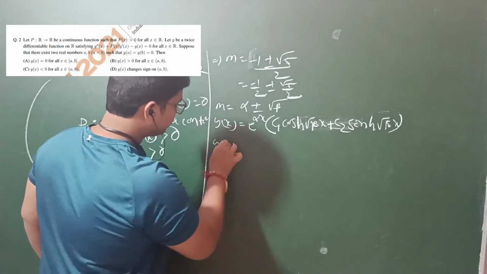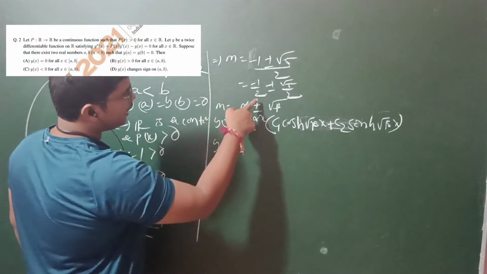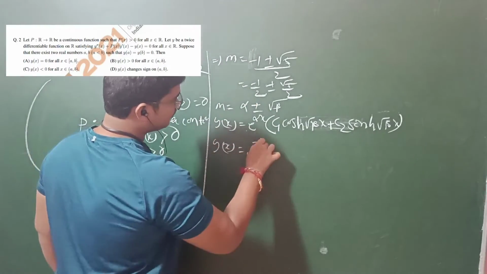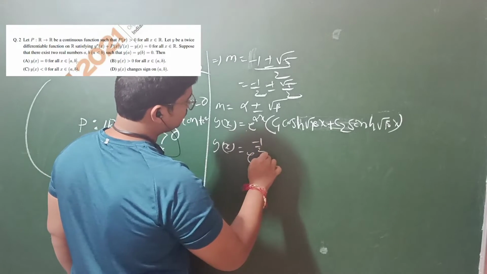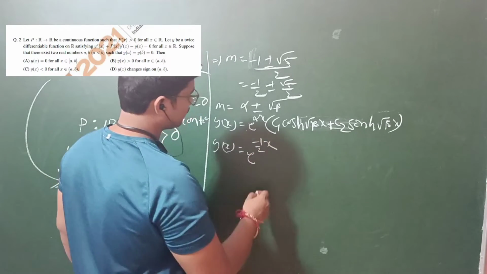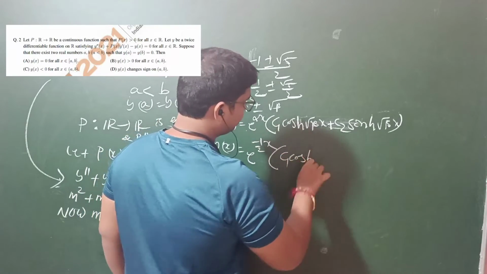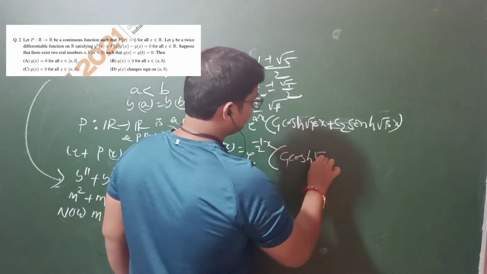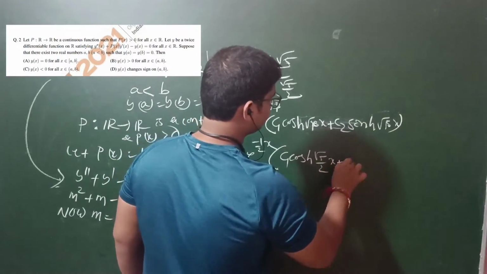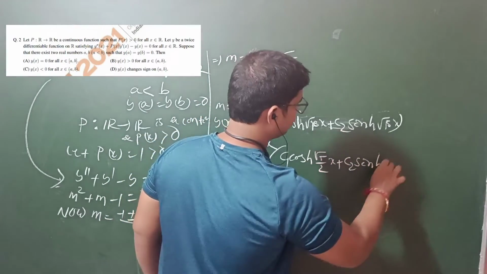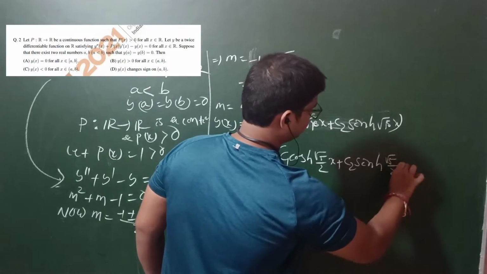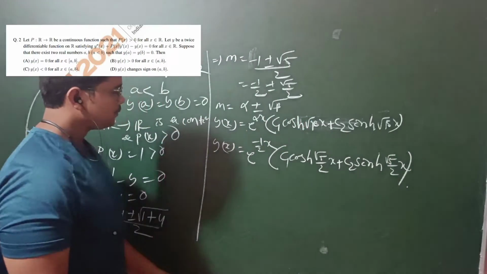Now here alpha = -1/2, so y = e^(-x/2) (c1 cosh(root 5/2 x) + c2 sinh(root 5/2 x)).